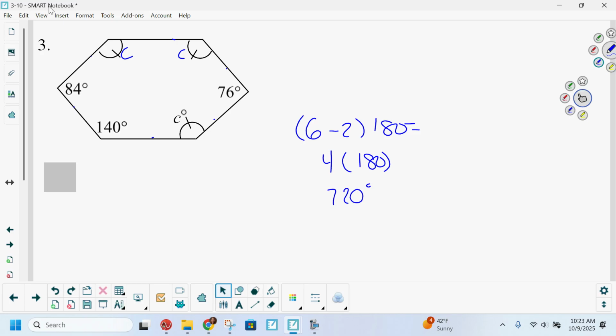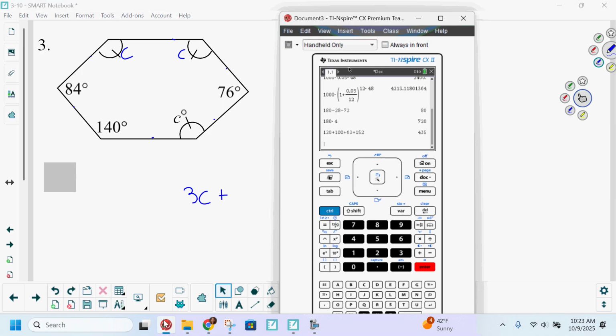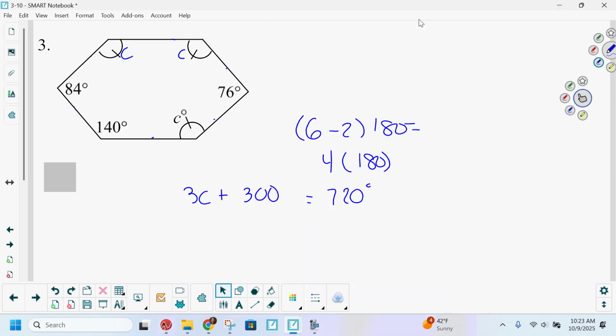And that is supposed to equal 3C plus, and now I'm going to add up the 140, the 76, and the 84. And that's 300. So I'm going to take away the 300. 3C equals 420 divided by 3.